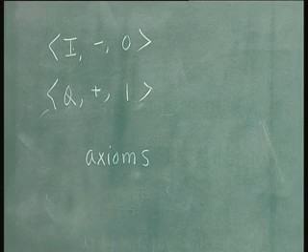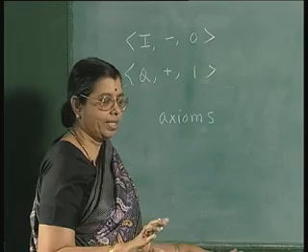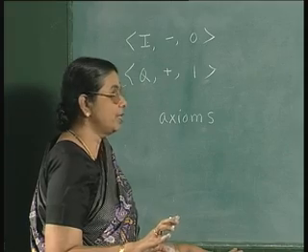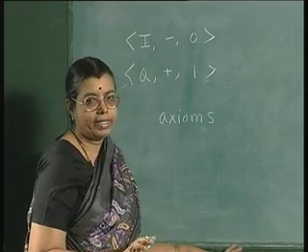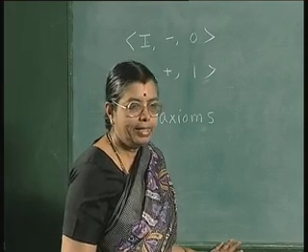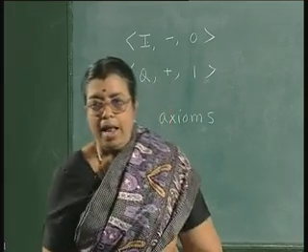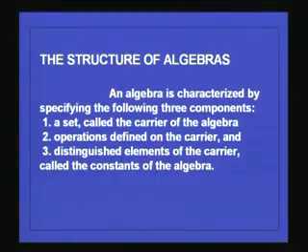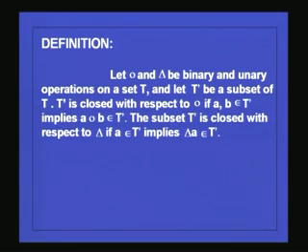For example, if you take semi-groups, they will follow a set of axioms. Similarly, if you take groups, they will follow a set of axioms and so on. So, we are interested in such algebraic structures, and let us see the definition. But before that, we have to see what is meant by a closure.